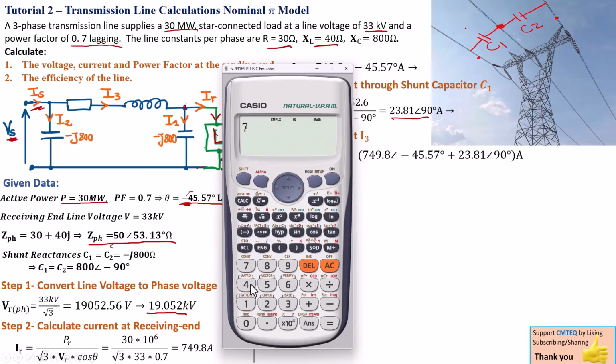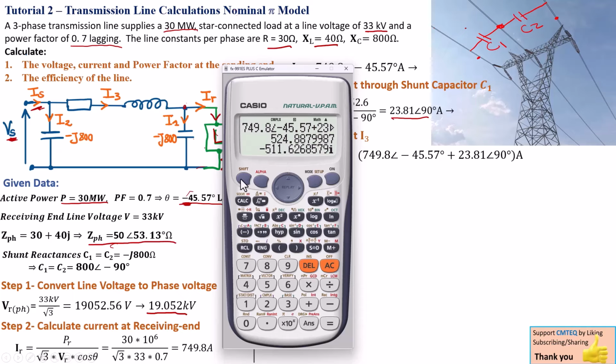So it's 749.8 shift, and we enter the angle negative 45.57, plus 23.81 shift with an angle of 90, equals. The answer is by default in rectangular form.